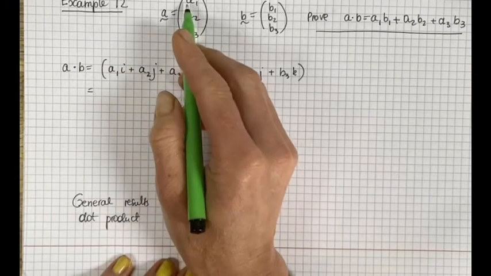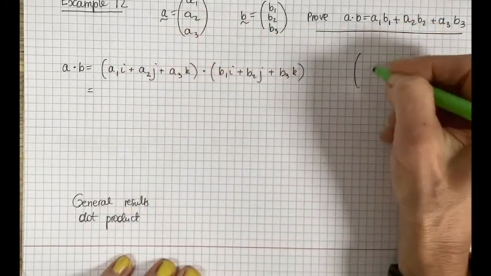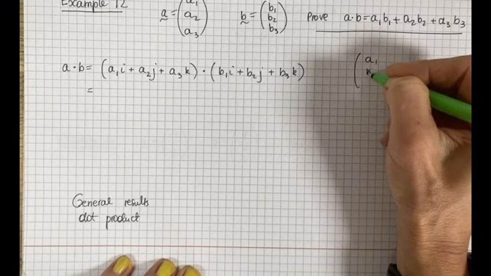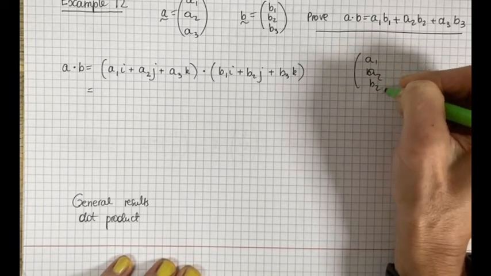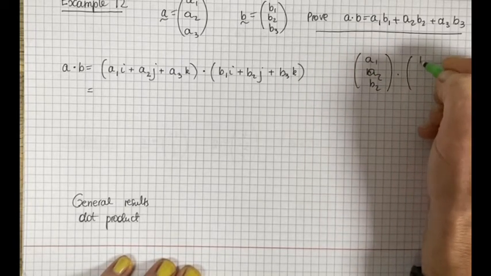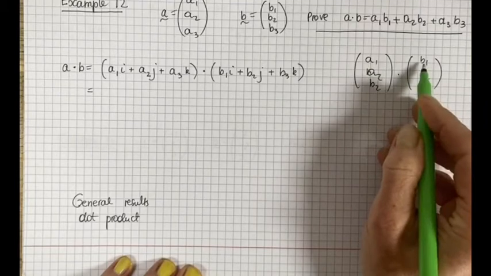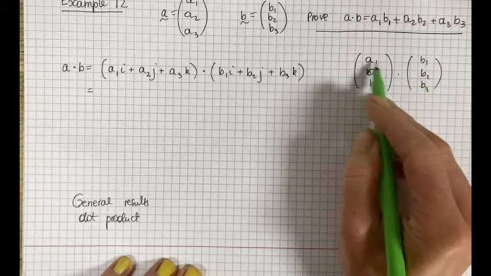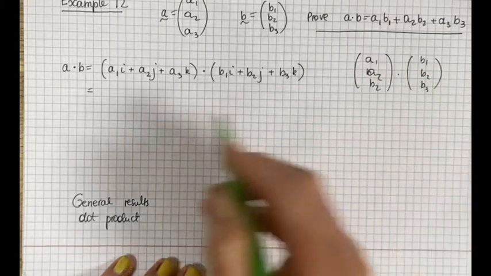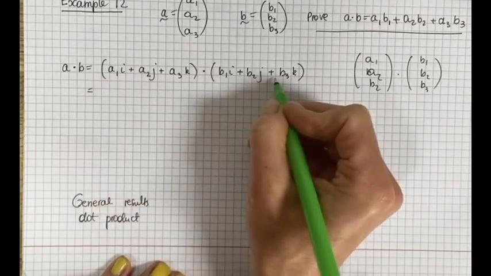Here I could have left it in column vectors as well, but then rewritten it in terms of i, j, k notation, because you need to consider a1 times b1, a1 times b2, a1 times b3. So let's deal with it this way.